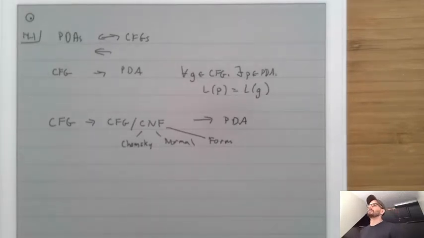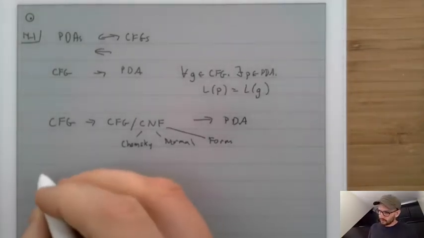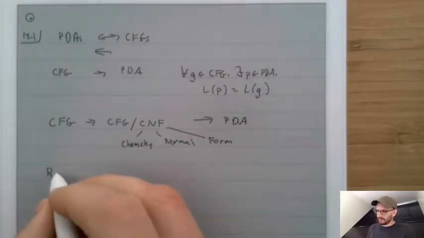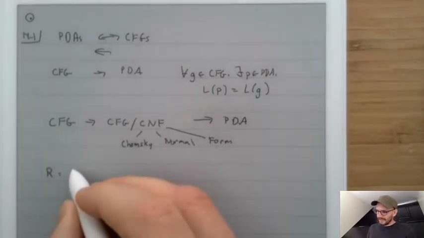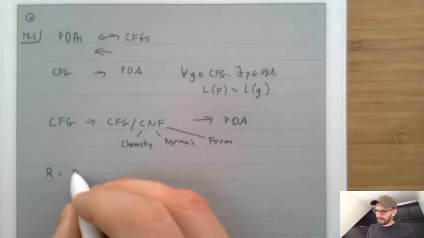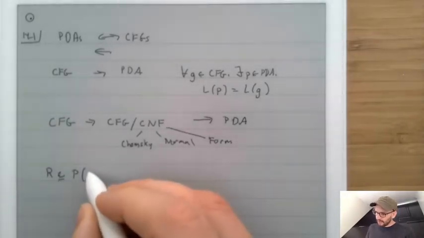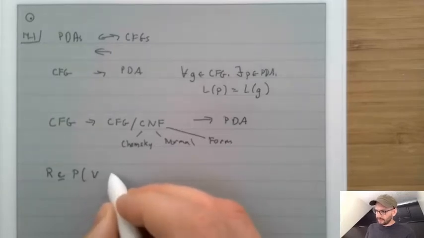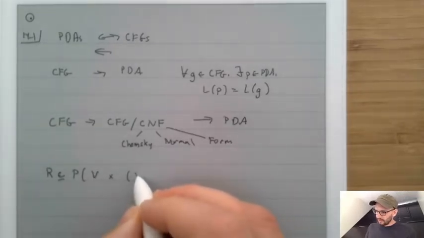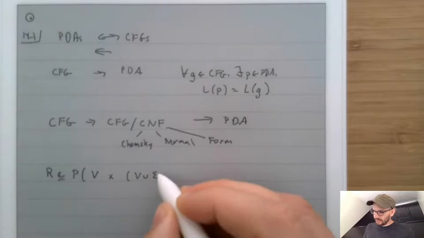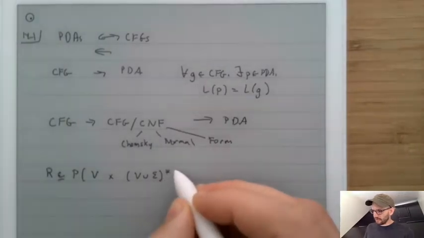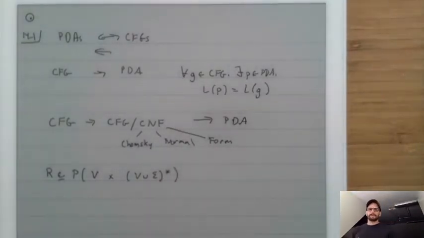Now, what do I mean by simplifying them? Recall that the rules in a context-free grammar are the following. A rule is a subset of the power set of the variables crossed with the variables union the terminals starred. Okay, so what does that mean?